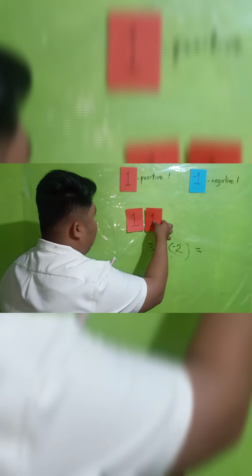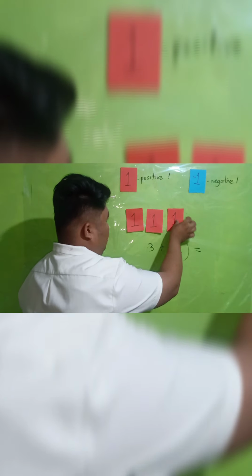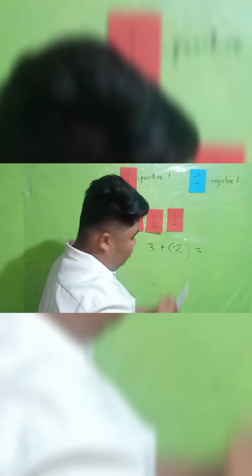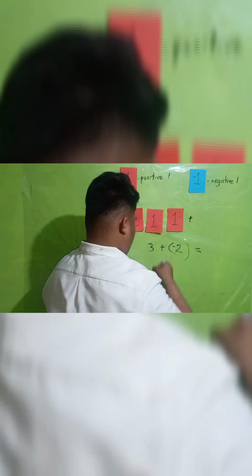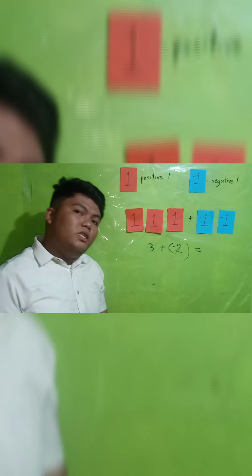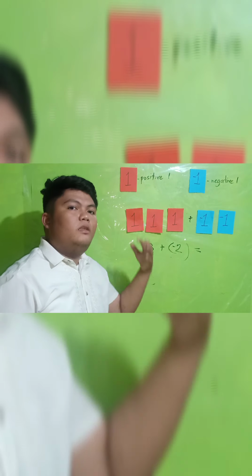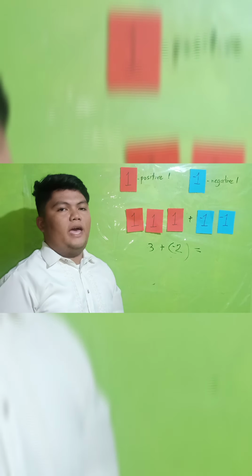One, 2, 3, and 2 blue tiles, plus 1, 2. As you can see, we have again red tiles and blue tiles.